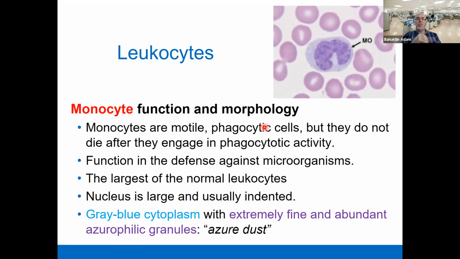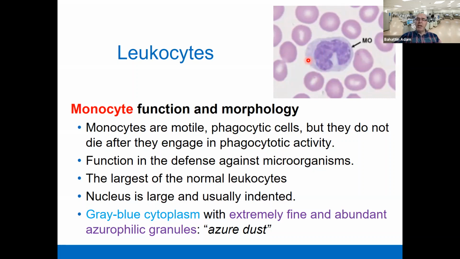The largest of the normal leukocytes are monocytes. The nucleus is large and usually indented, with gray blue cytoplasm and extremely fine and abundant azurophilic granules included in the cytoplasm.